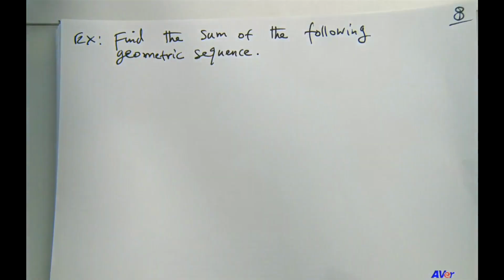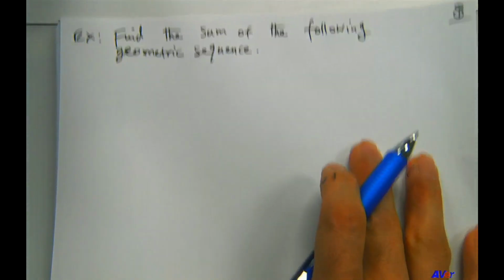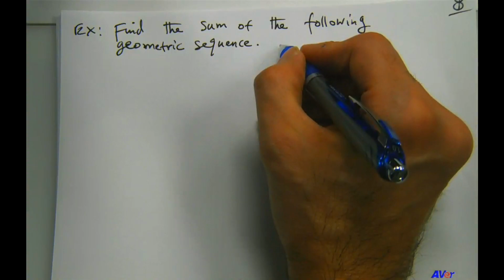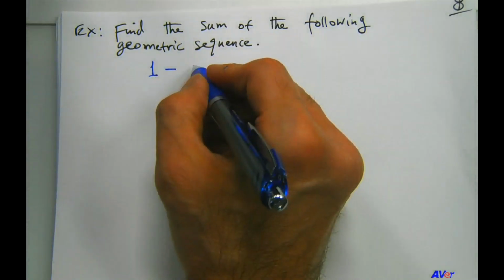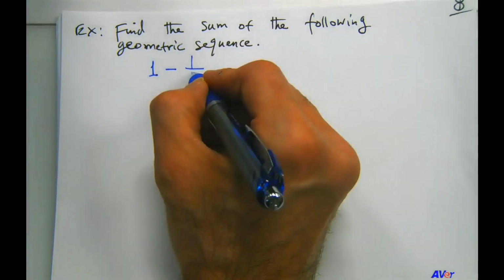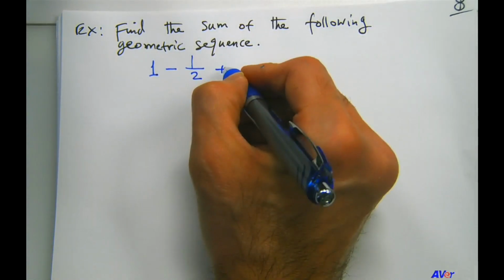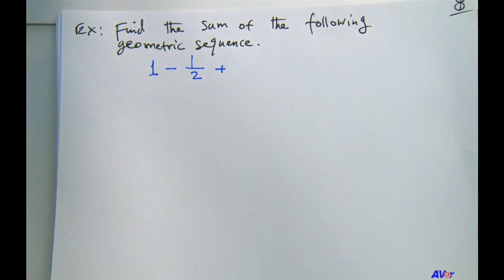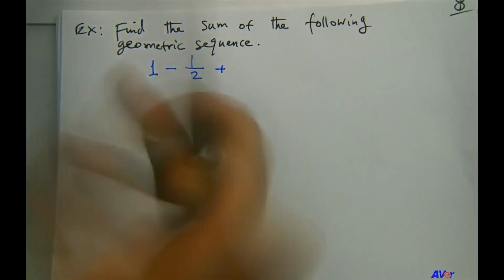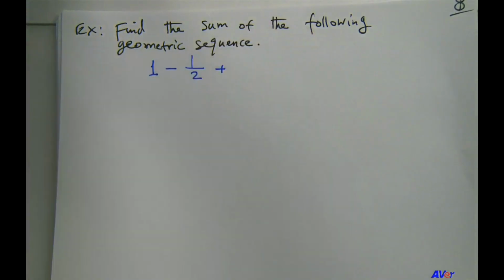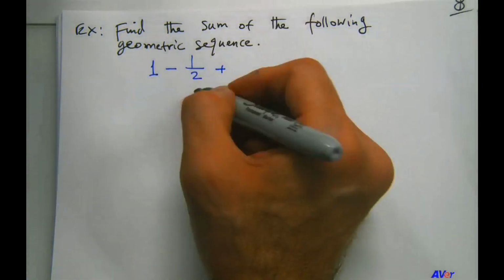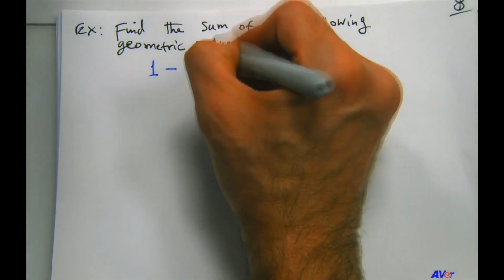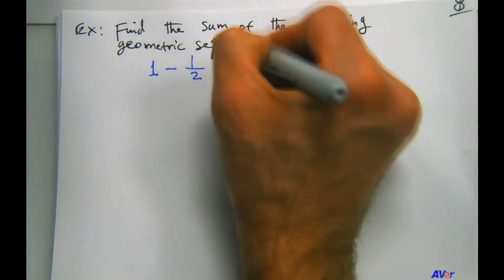So we want to find the sum of the following geometric sequence, which is 1... I actually should say geometric series, because these terms are coming from a geometric sequence, but the way they're written, this is a series. So geometric series.